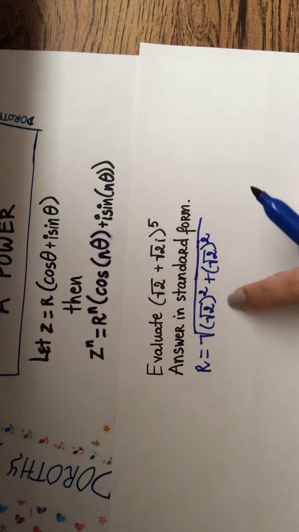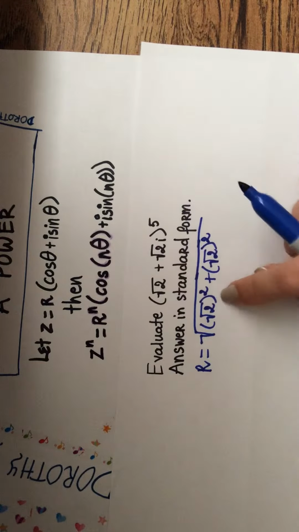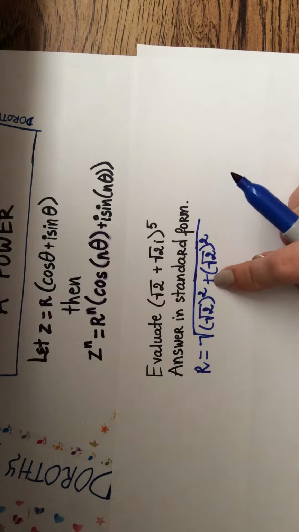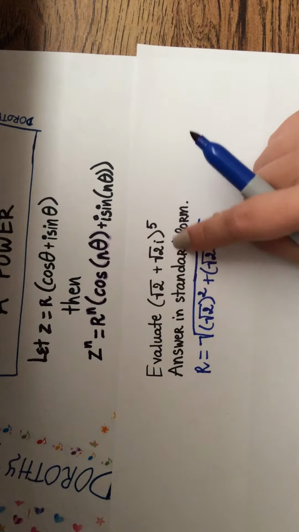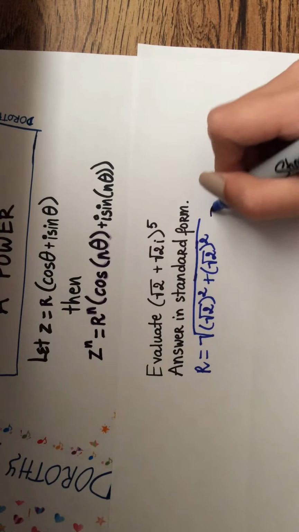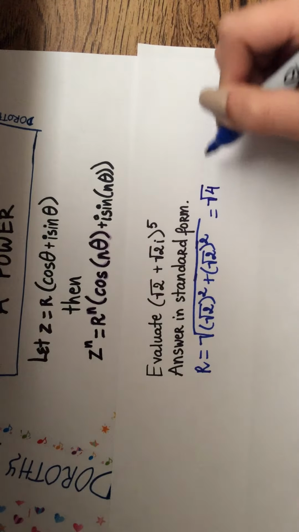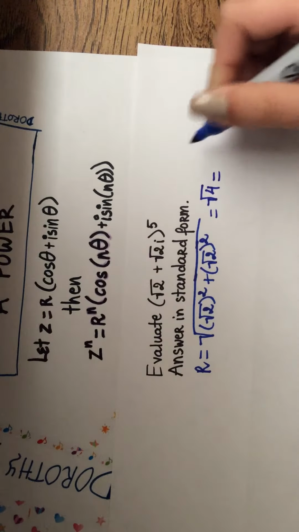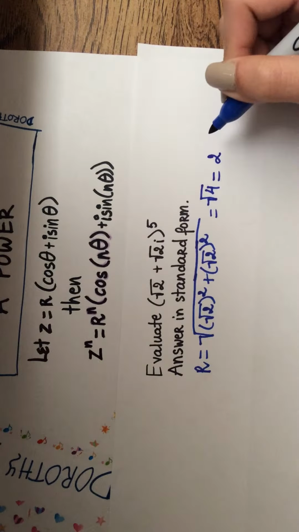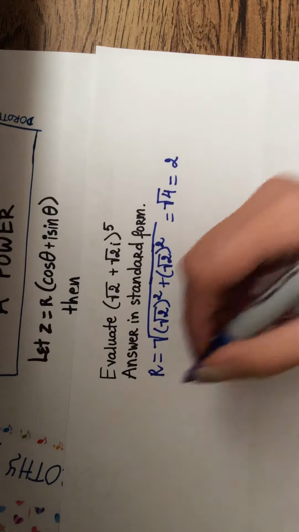The first one you square is your normal number, and you add it to your imaginary number, squared. This will give you the square root of 4, which you know is 2. So that's your r. After this, you have to find your theta.